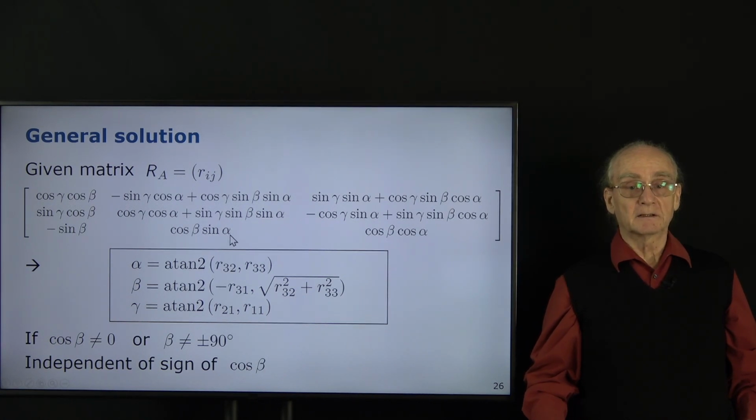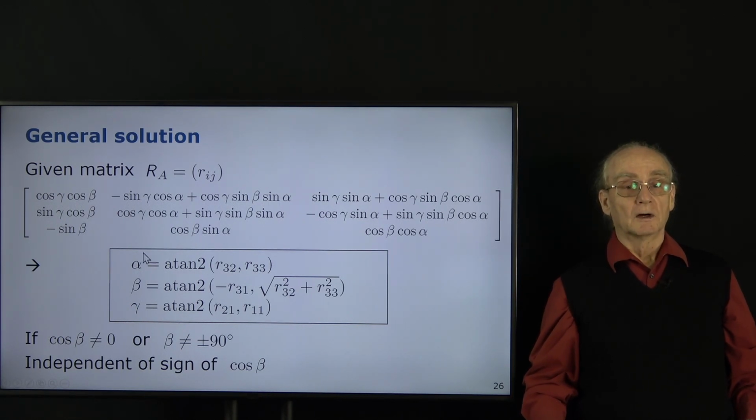Alpha stands here and here, in both cases multiplied with cosine beta. So we could take this value with the sine alpha, and this value with the cosine alpha, and put it into the arcus tangens with the sine part and the cosine part. That means alpha is the two-valued arcus tangens of R32 and R33.